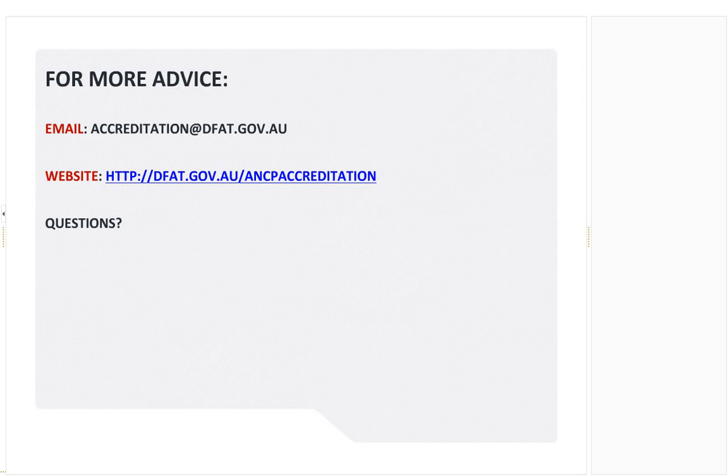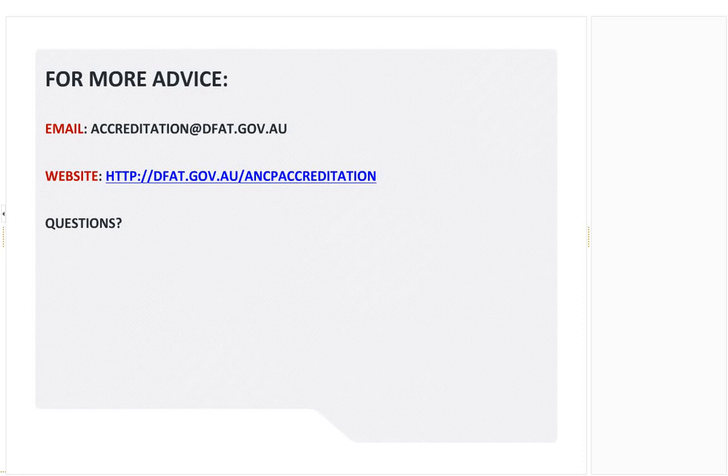Okay, more questions. How often will you review the criteria? So at this stage we roughly review the criteria around every 5 years. Saying that, if there is a massive change to anything in the sector or at DFAT, we will review the criteria.